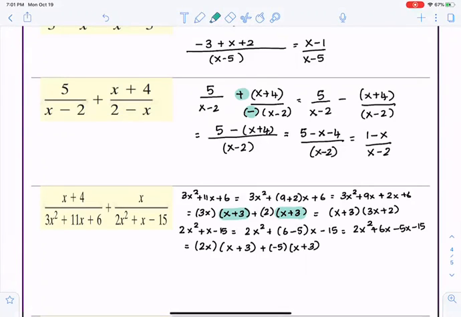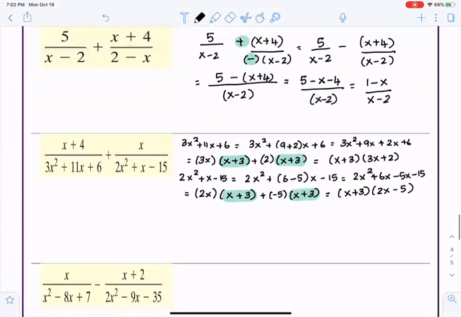So I have x plus 3, x plus 3. So if I pull x plus 3 out, I have 2x minus 5 behind. So I've factored both denominators. Now we have to go and look for the LCD.